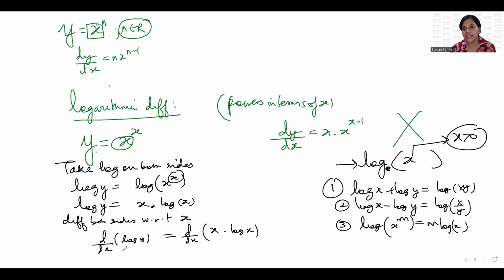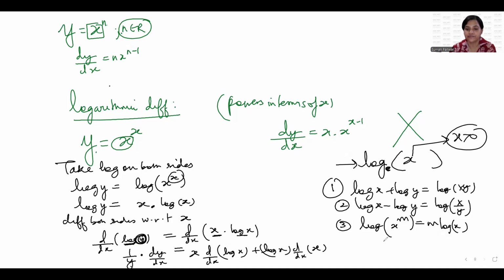Now on the left hand side, we will be using the chain rule. What is the derivative of log y? 1 upon y. What is the derivative of y? dy by dx, because this is not x, this is y. So first we apply the derivative on log and then we apply the derivative on y. And this will be u into v: x d by dx of log x plus log x d by dx of x.